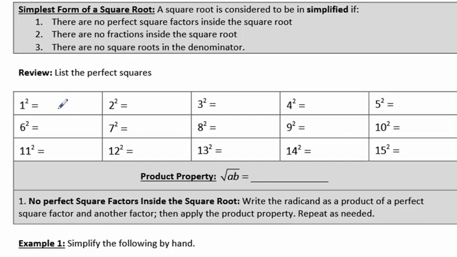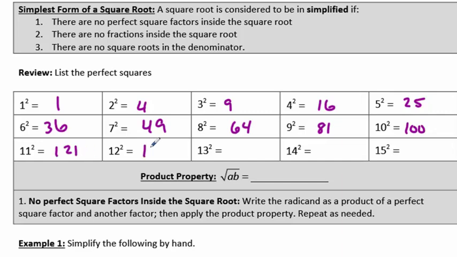The perfect squares are 1, 4, 9, 16, 25, 36, 49, 64, 81, 100, 121, 144, 169, 196, and 225. We should probably know at least the first 10, maybe the first 15 perfect squares, because these are the only numbers that we're going to be able to use to simplify our square roots.